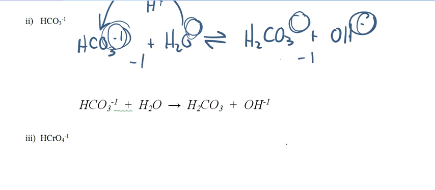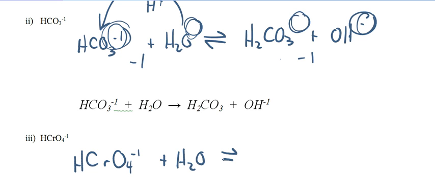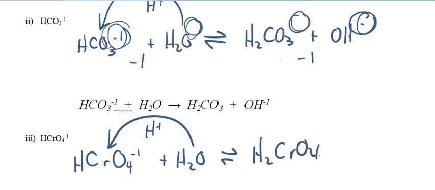Alright, and the third one here, again, we're still behaving as a base. So HCrO4 -1, reacting it with water. So it accepts a hydrogen from the water. So we, again, put our hydrogen at the front, H2CrO4. Since it has a -1, it will have no charge on the right, and our water is now hydroxide.